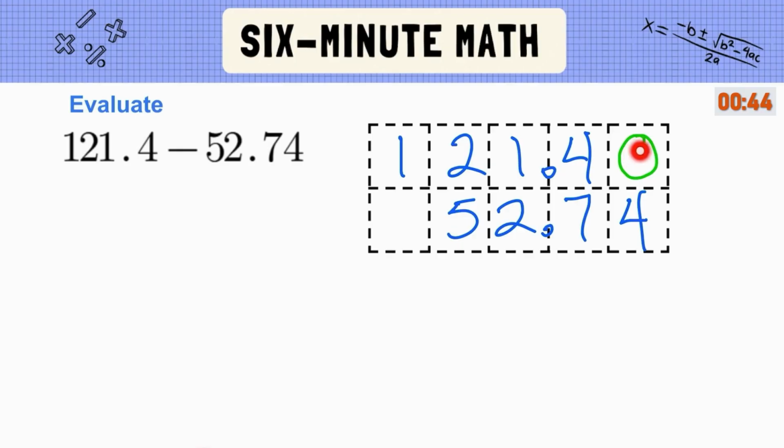Now I cannot subtract 0 and 4, so I'm going to borrow from next door, and I'm going to make that a 10. 10 minus 4 is 6.